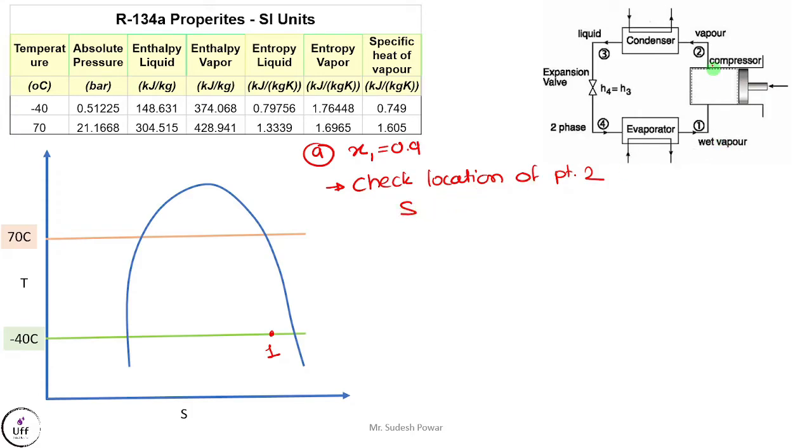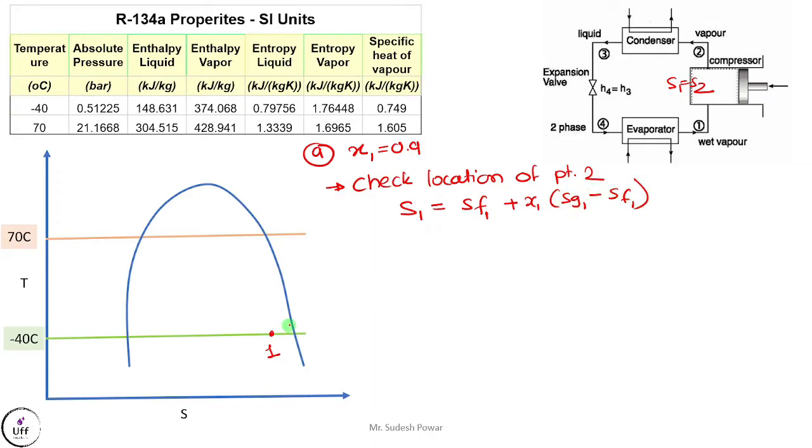As per the theory, we know that S1 is equal to S2. By using this, we'll find the entropy at point number 2, and with the help of that we'll see the location of point number 2. Okay, so S1 we can find out as, since point number 1 is inside the dome, S1 = SF1 + X1 (SG1 - SF1).